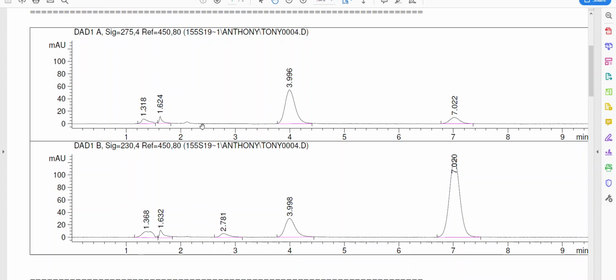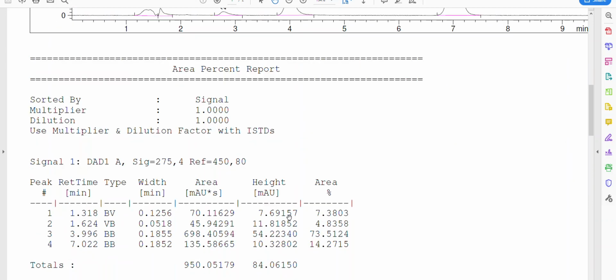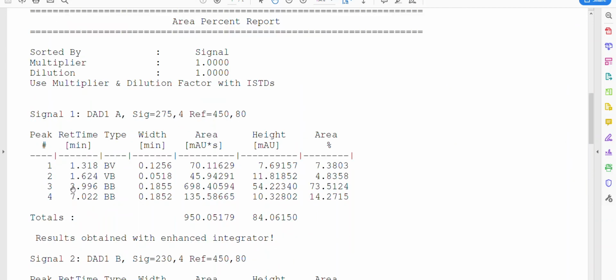Now you can see that there's a series of components that show up here at shorter retention time, but the later retention times where the caffeine and benzoic acid come out are essentially clean. So again, we're going to use 230 nanometers to be consistent with the calibration. We're going to put the caffeine in here, 3.998 is where that came out, and the area is 698.4.